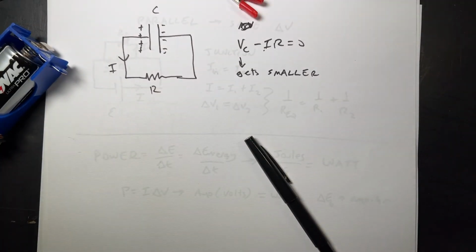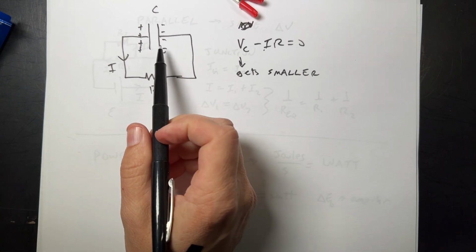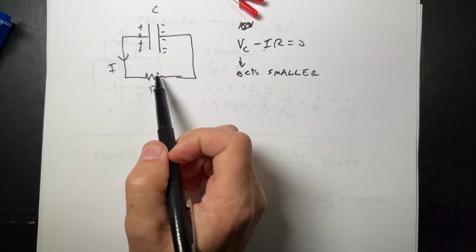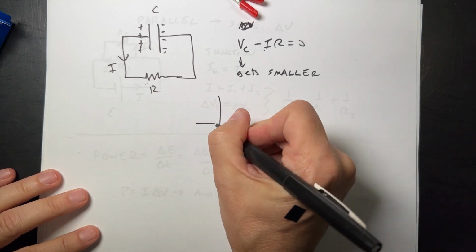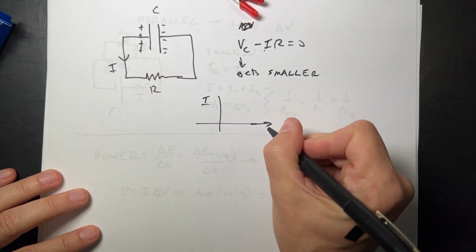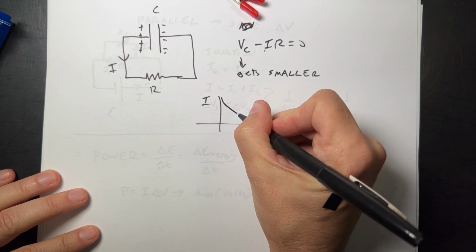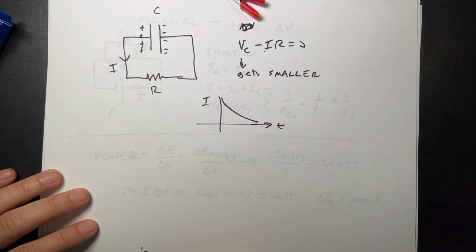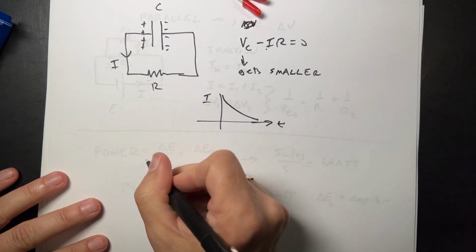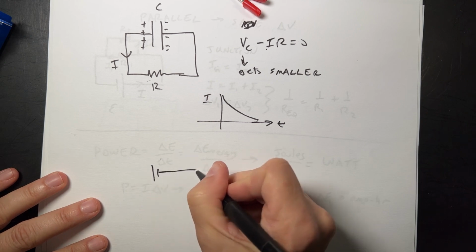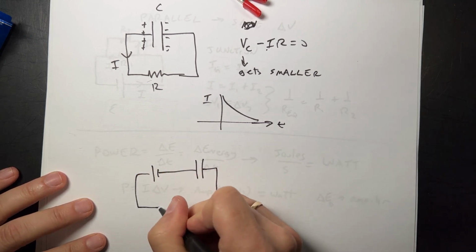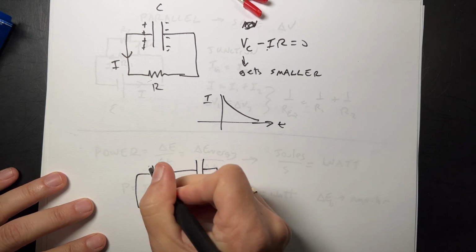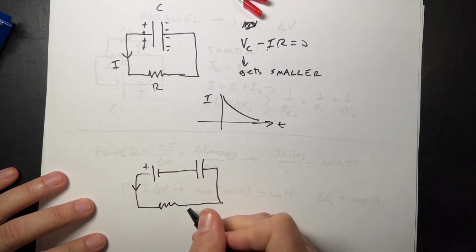So it would charge up, and then it could discharge through the light bulb. And if you looked at current as a function of time, it would look like this, an exponential decay. The other case that we can look at is charging a capacitor. Suppose I put a capacitor in with a resistor, and this is plus, so I'm going to have a current going that way.